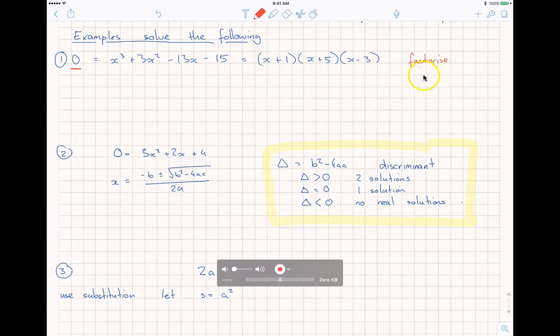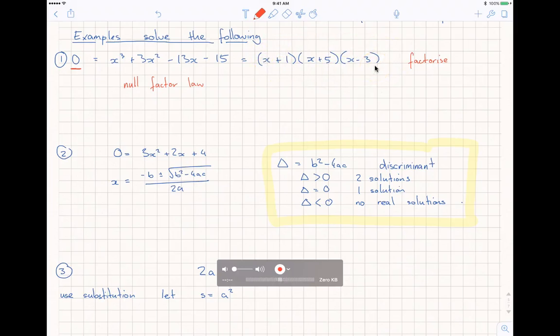So once we've got our factorized expression, then we can use the null factor law. And the null factor law says that if we have an equation that equals 0 and it's in factorized form, then one of these factors or all of these factors should equal 0.